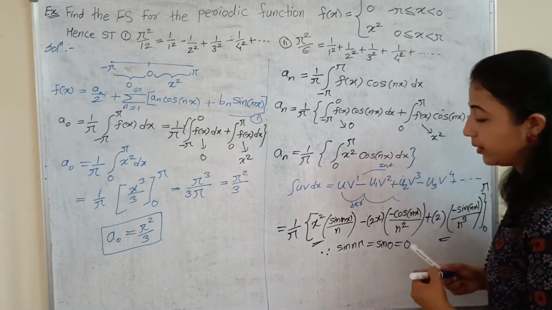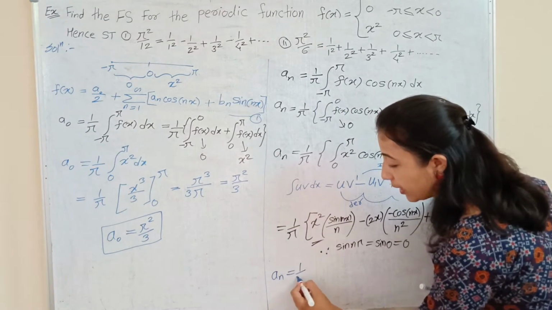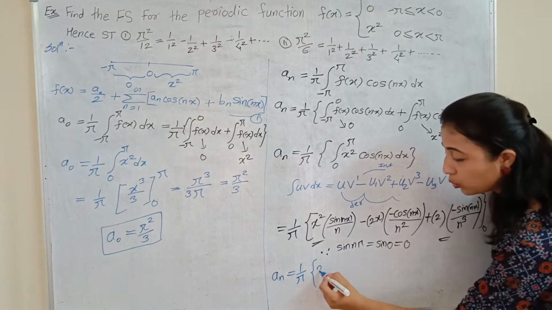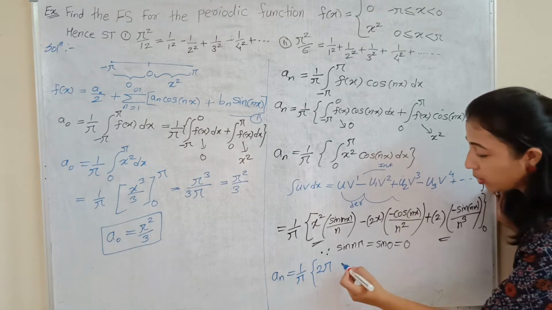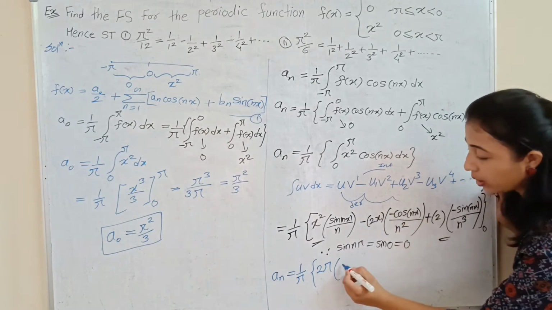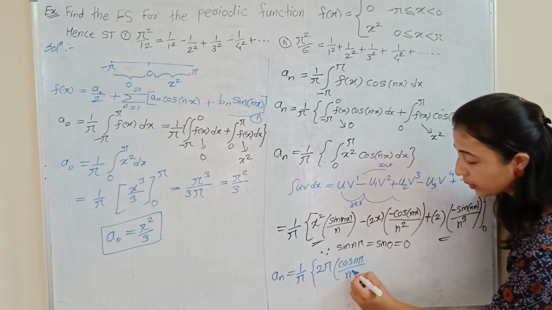So here in the middle term, an is 1 upon pi outside as it is. The upper limit is pi, so it is 2 pi cos n pi divided by n square.